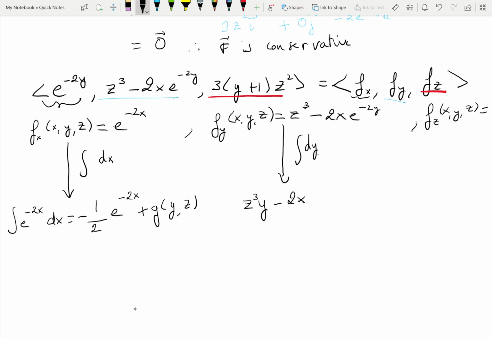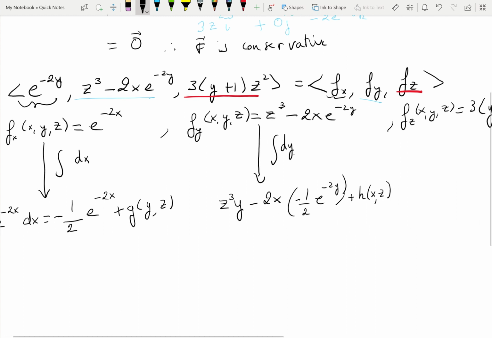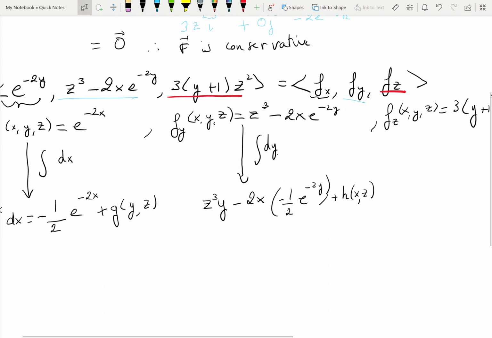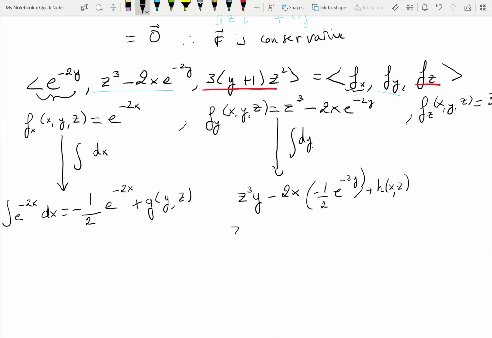And similarly here, the antiderivative of e to the minus 2y is going to be negative 1/2 e to the minus 2y plus a constant, but when it comes to the y variable, both x and z are treated as a constant, so plus a function of x and z. So I'm going to rewrite here.